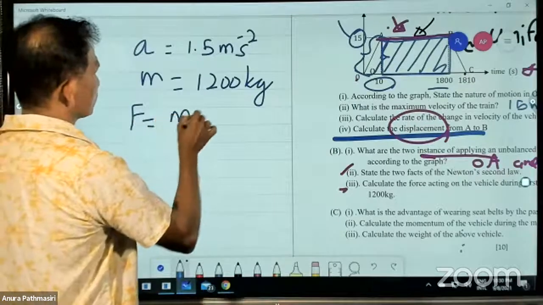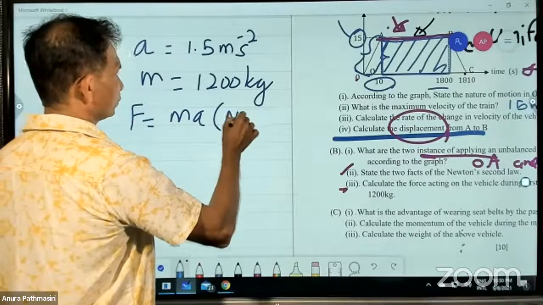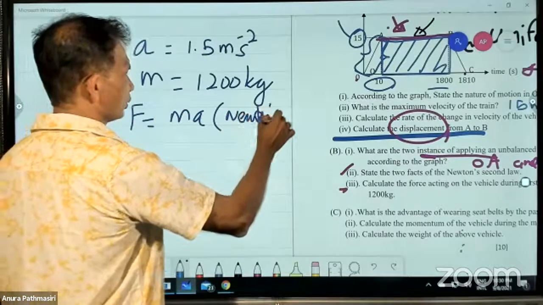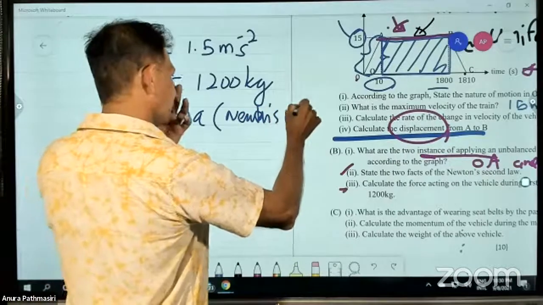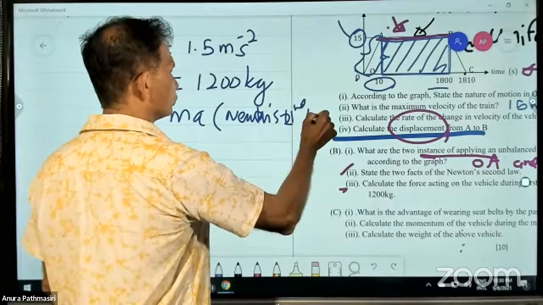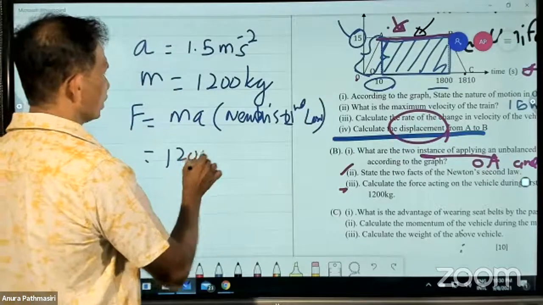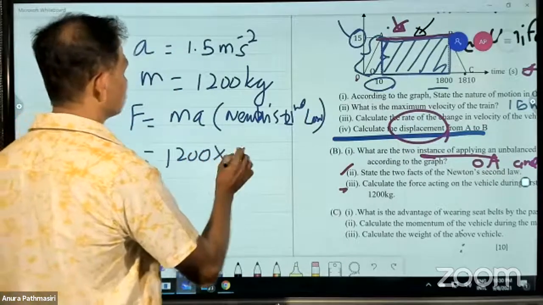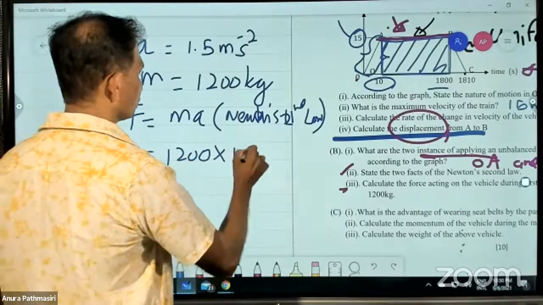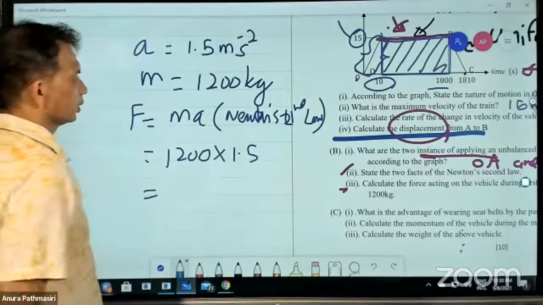According to Newton's second law of motion, F equals m a. Now we know m is 1,200, and a is 1.5.